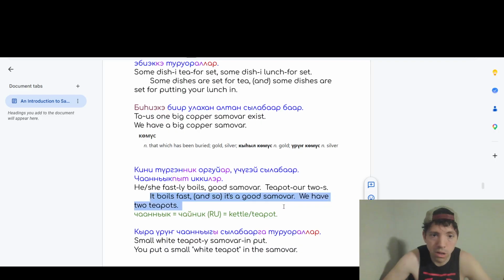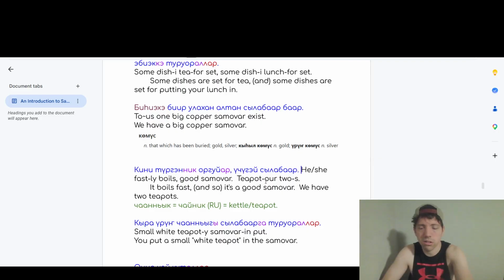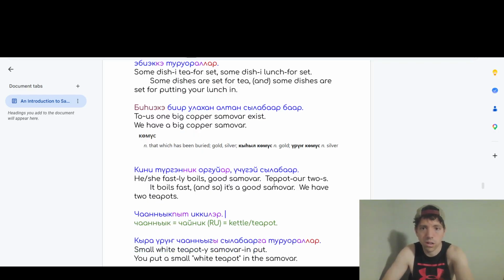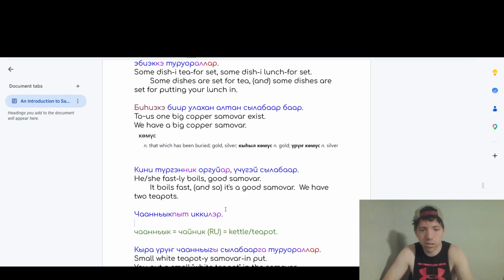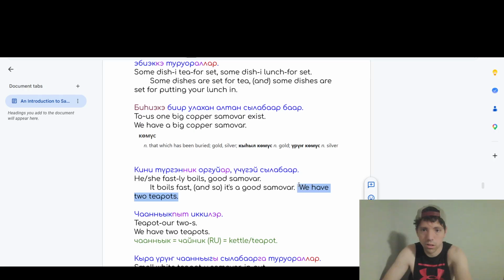We have 2 teapots. Oh, I should have probably put those separately. Actually, I'm going to put that separately. Okay, we have 2 teapots. Okay, there we go.